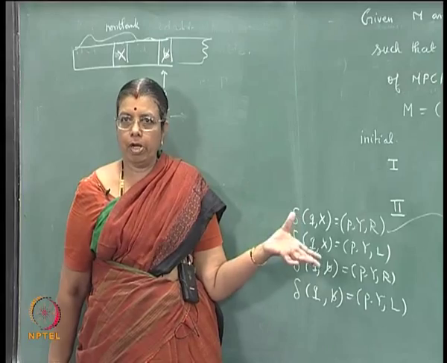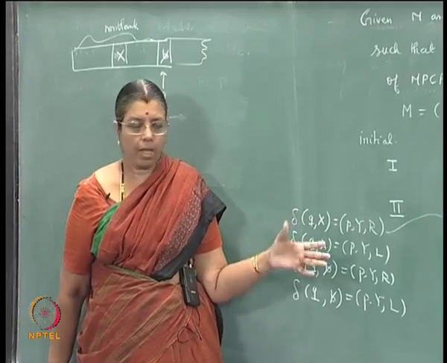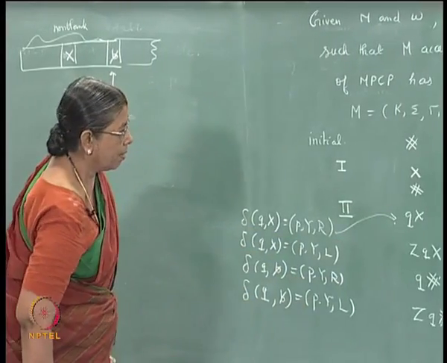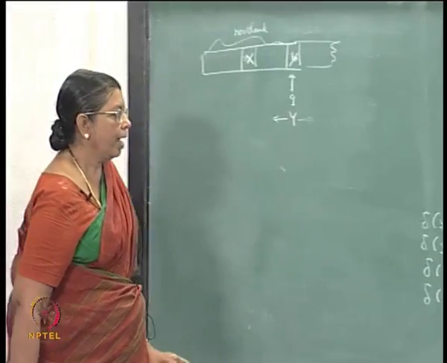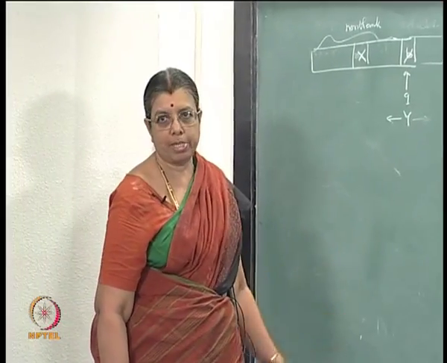For a right move there is only one pair. So, these are the pairs which you write for the moves of the Turing machine.